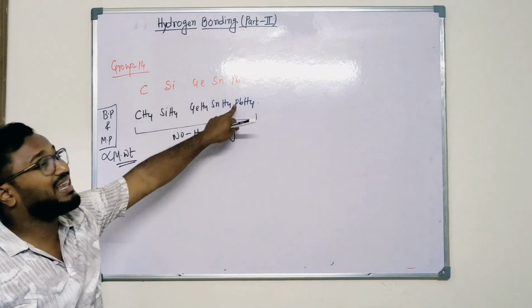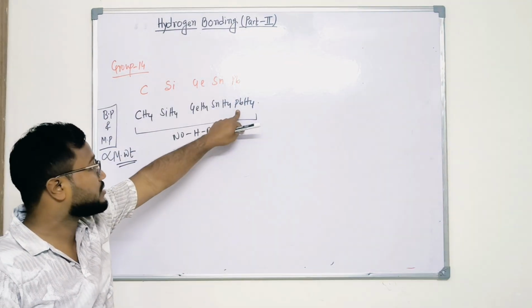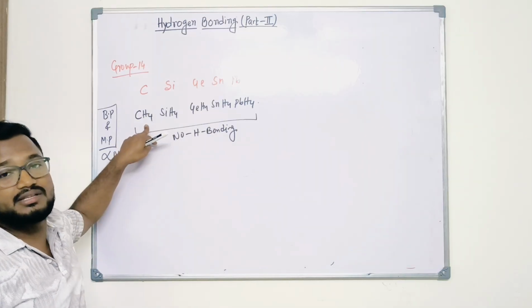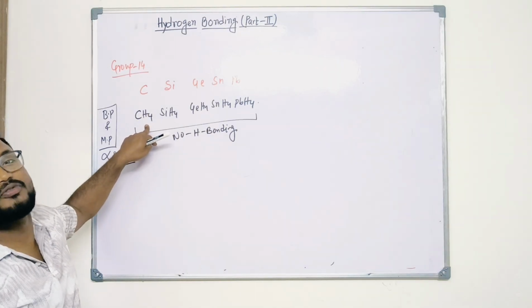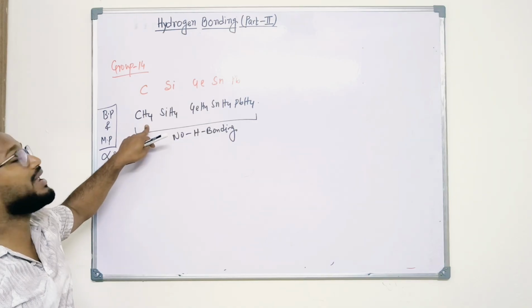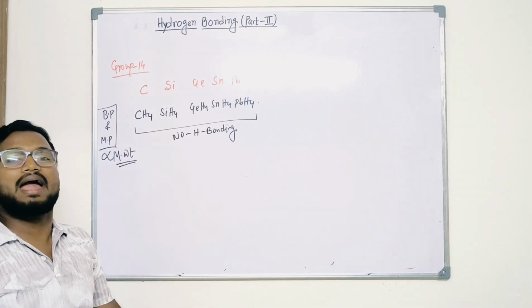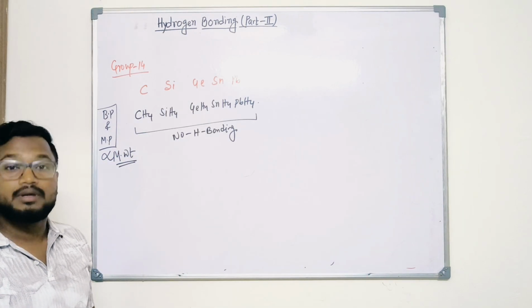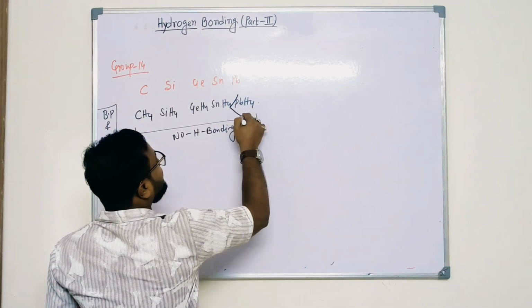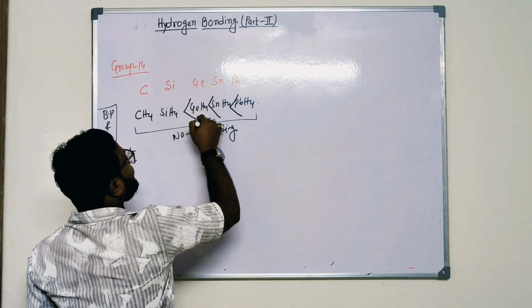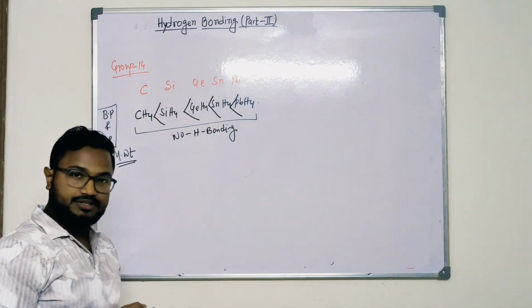From here you can see lead has highest molecular weight and carbon has least molecular weight. Also you can see down the group when you are moving, one extra orbit is being added. As a result, their volume, density, molecular weight is also increasing. So in this case, PbH4 has highest melting boiling point in comparison to these.